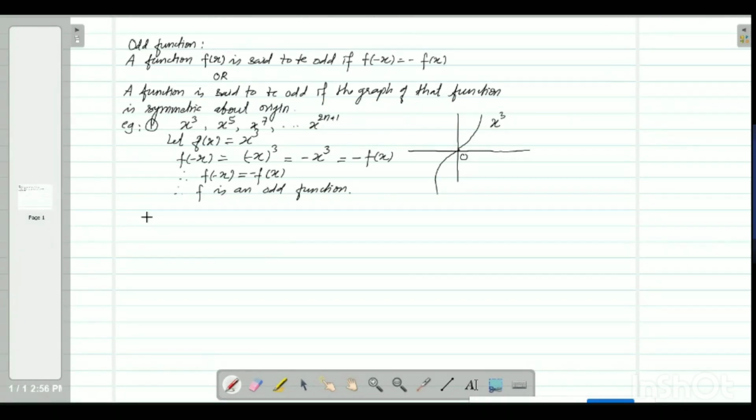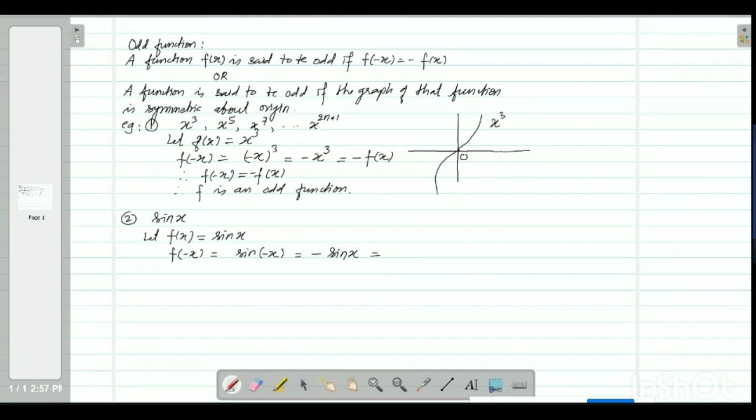Now the second example: if I take the function sine x, we will check whether this function is even or odd. Let f of x equal sine of x. Now replacing x by minus x, this becomes sine of minus x. But sine of minus theta is minus sine theta, and sine x is f of x.